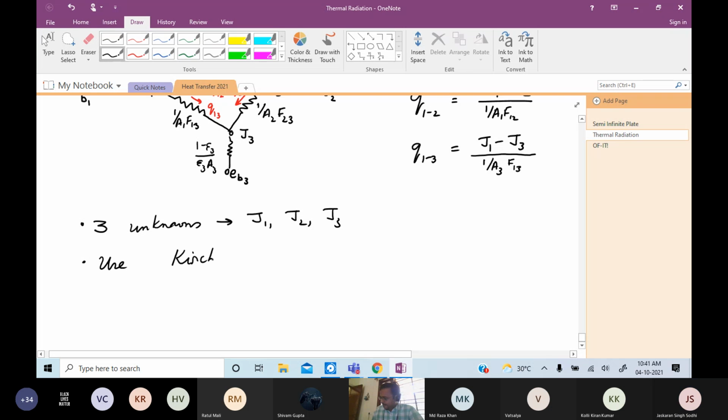So which means that the total current coming to a node, the sum total is 0. So use Kirchhoff's current law at each node.